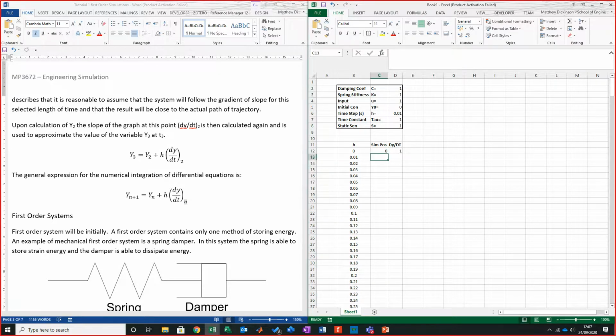Yeah, so it's plus my initial position of y plus the time step, the iteration step that we're taking, and it's just continuously recording based on that.